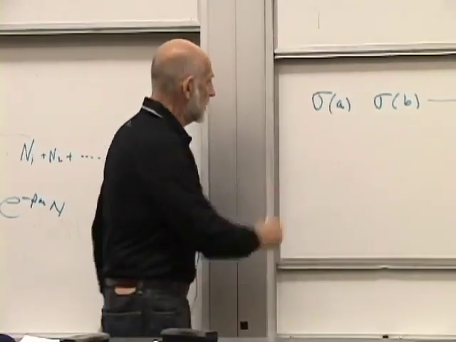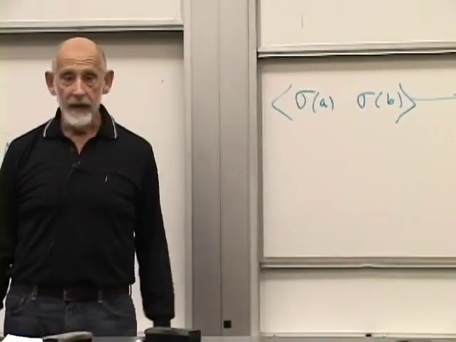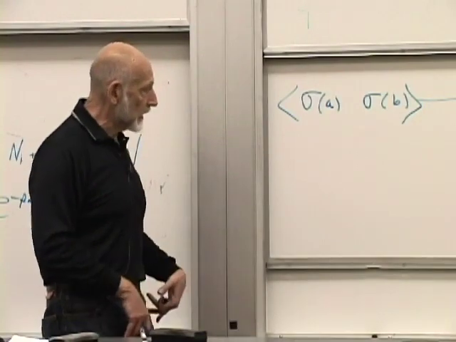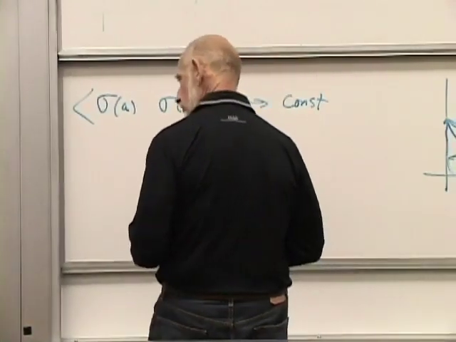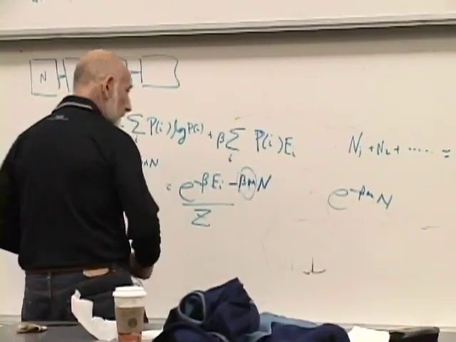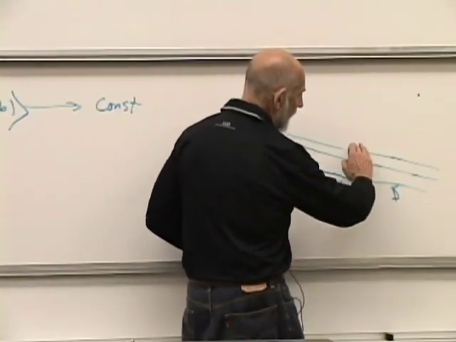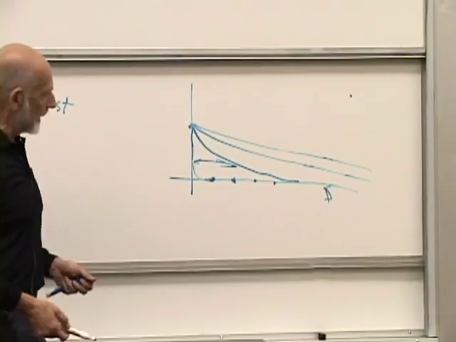What happens to this at zero temperature? It's 1. If sigma A is up, then sigma B is up. If sigma A is down, then sigma B is down. So at zero temperature, let's approach now. I'm going to use red to approach from the low temperature side. This is what happened from the high temperature side, and this always goes to 0 as long as the temperature is high enough.